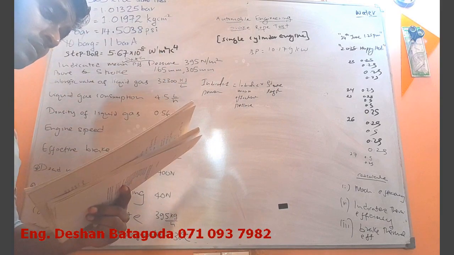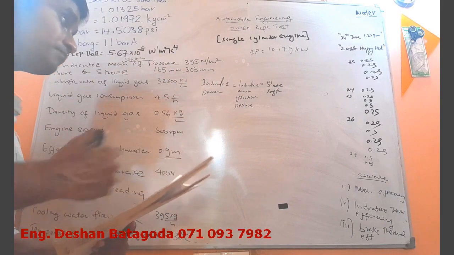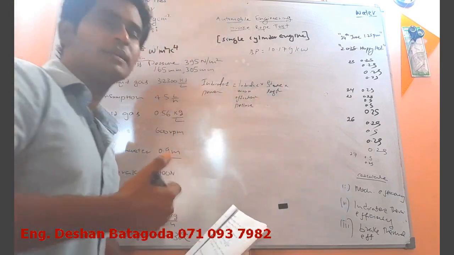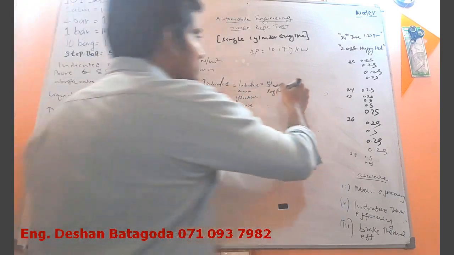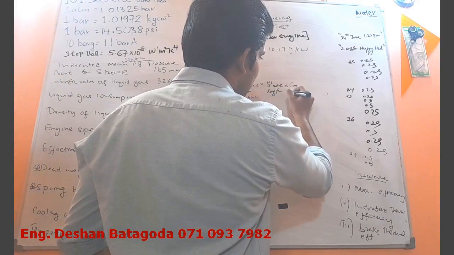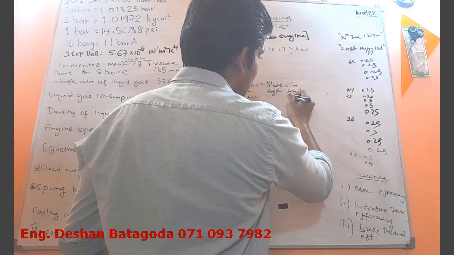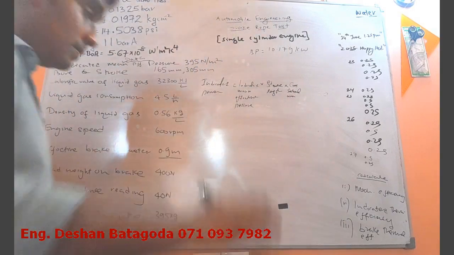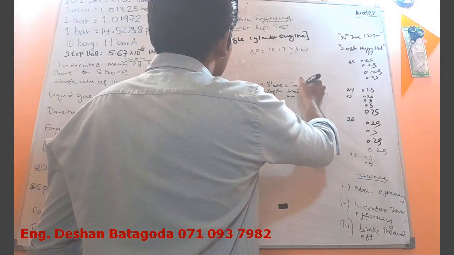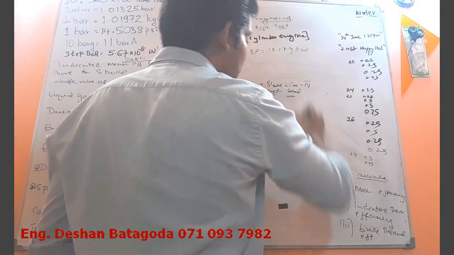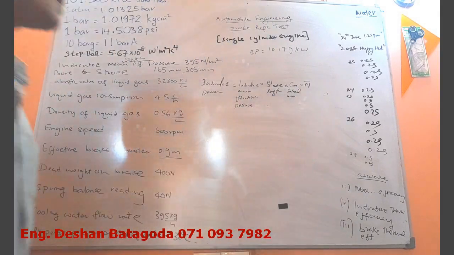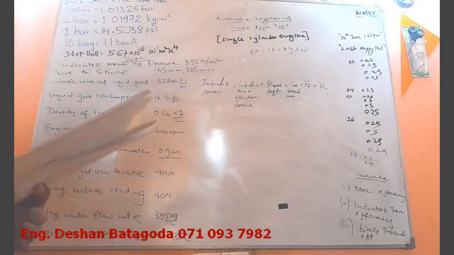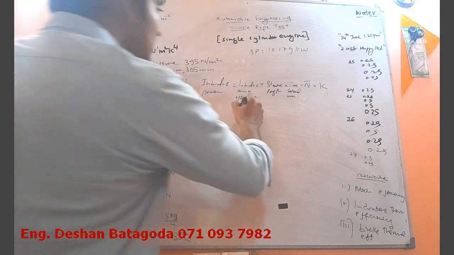Then cross sectional area, because if you know the bore diameter, you can find the cross sectional area. And now carefully wait, N bar times K divided by 60.